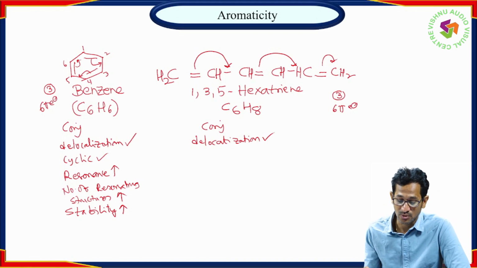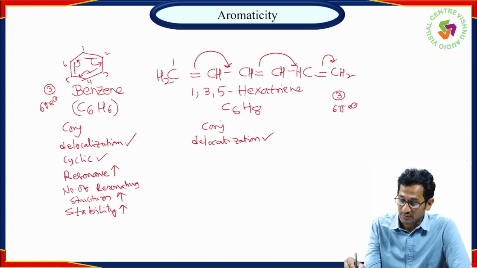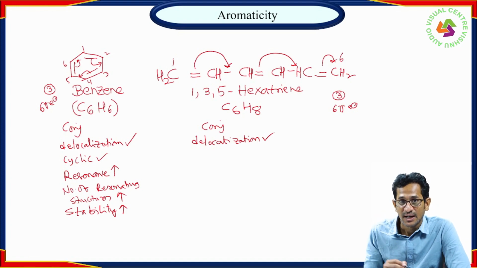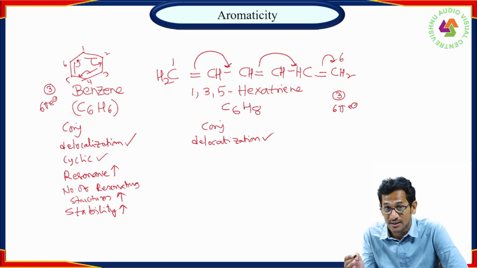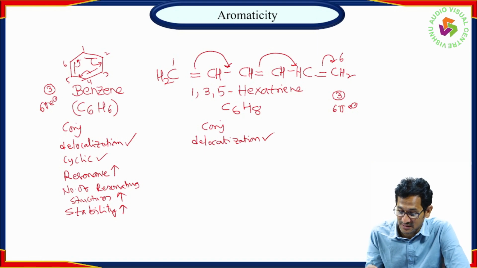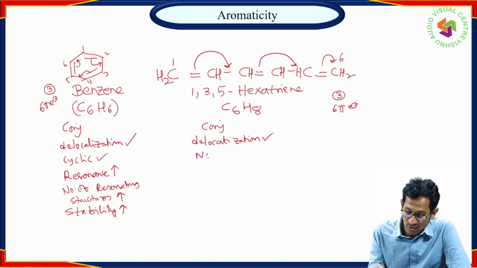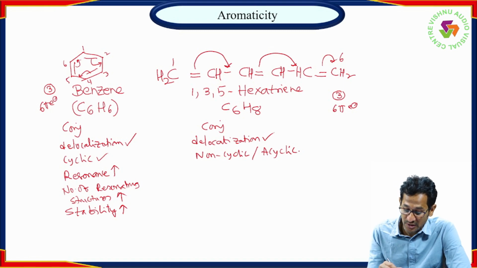Coming to hexatriene, what happens here? The electrons are transferring from 1 to 6, but the transfer from 6 to 1 is not observed because this is non-cyclic, which is also called acyclic, which leads to resonance.